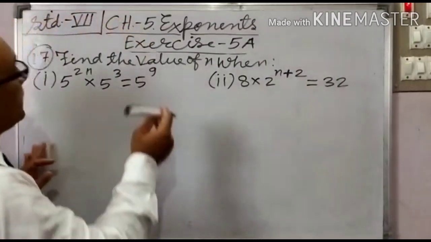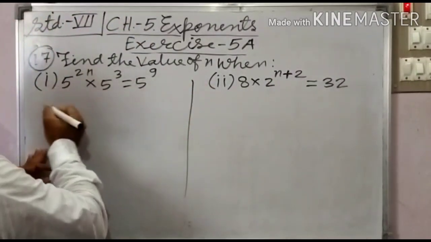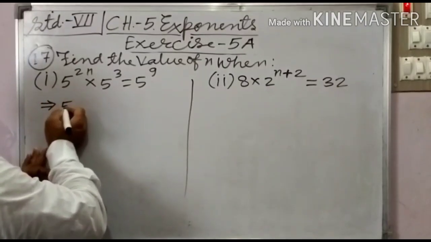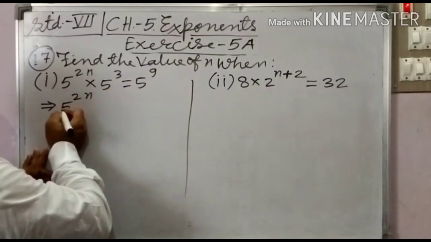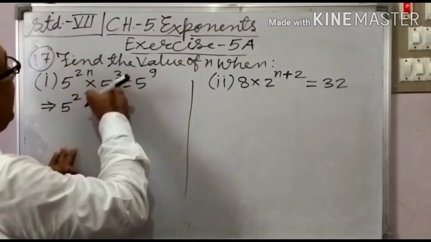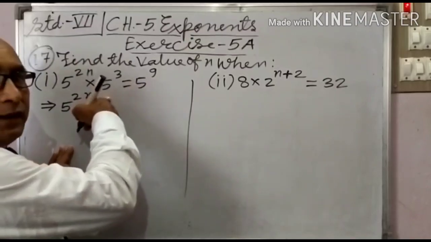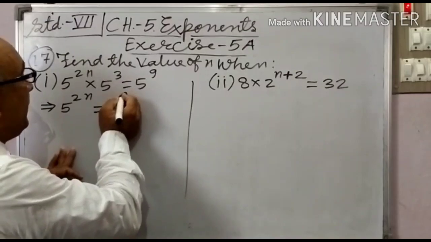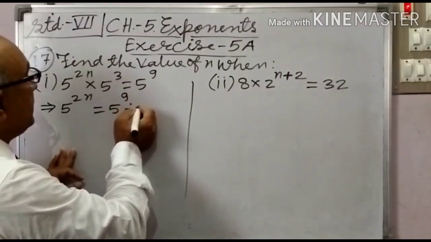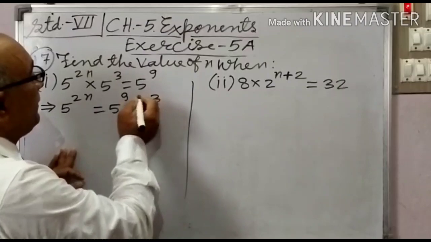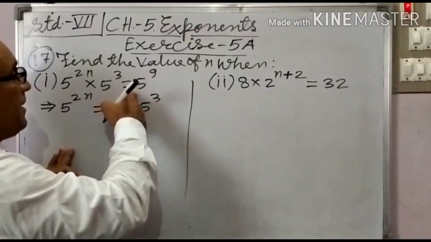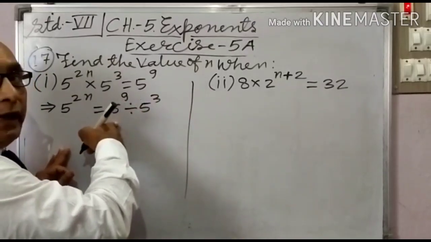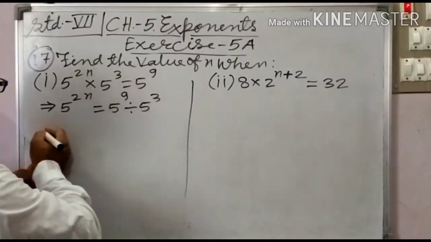So question number 1 is solved. That implies 5 to the power 2n into 5 to the power 3, multiply by transposition change into divide. So 5 to the power 9 divided by 5 to the power 3. a to the power m divided by a to the power n equal to a to the power m minus n.